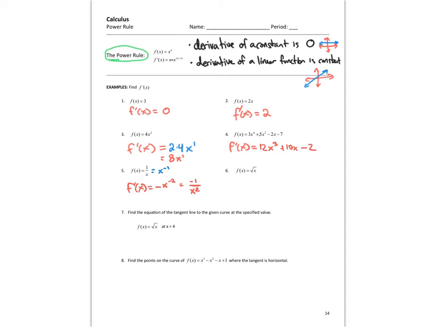Number 6 will do a similar way. It doesn't look like power rule right now, but I can change the square root of x to be x to the 1/2 power. And now I can use power rule. F prime of x equals, bring the exponent in front, 1/2, x to the, and subtract 1. 1/2 minus 1 would be negative 1/2 is my new exponent.